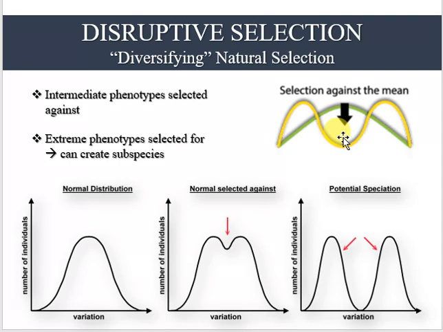This is, again, where you actually do see some speciation events starting to arise. And it all arises from this attempt to deal with some sort of change in the environment. You kind of get this bimodal distribution representative of your two extreme phenotypes.